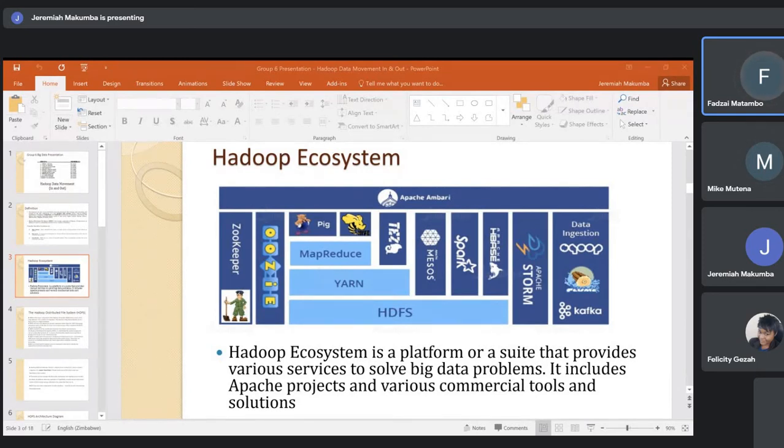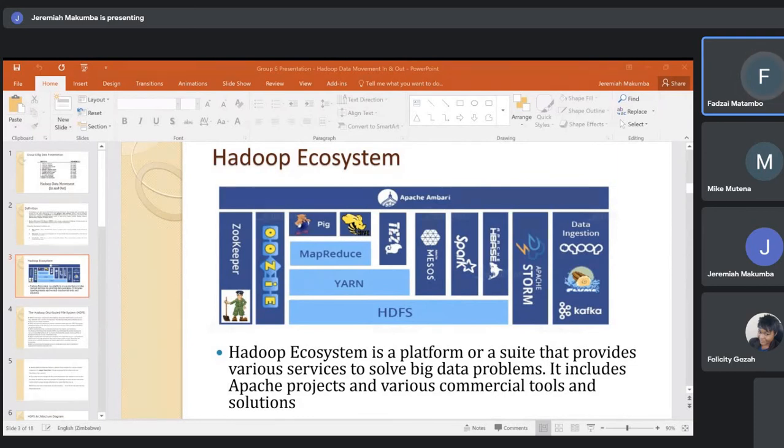And there are databases like NoSQL that can organize data that is not organized, arranging our information that is unstructured. So each and every application within the Hadoop ecosystem has a specific task, and HDFS is mostly for storage purposes.